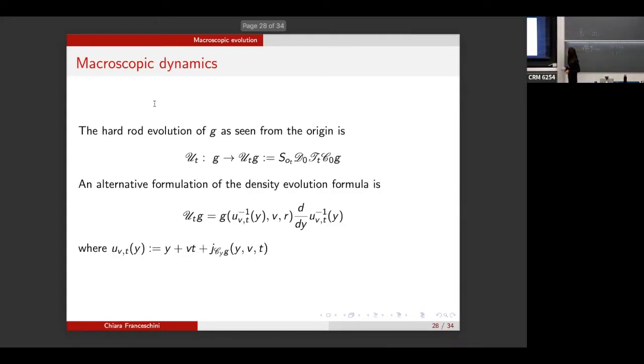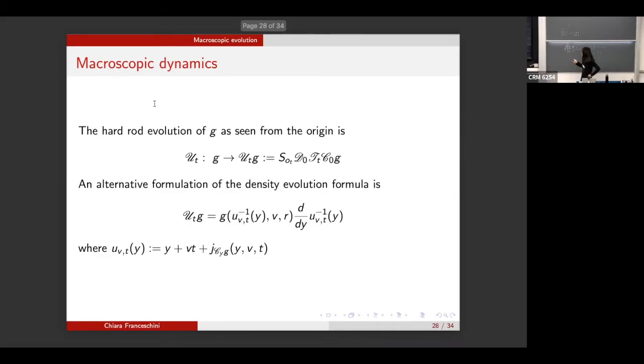So you contract, you have the free time evolution, you dilate, and then you shift. But an alternative formulation for this G_t is given in terms of the initial G in the following way. And this is, in fact, the one that you use to find the PDE that G_t satisfies.